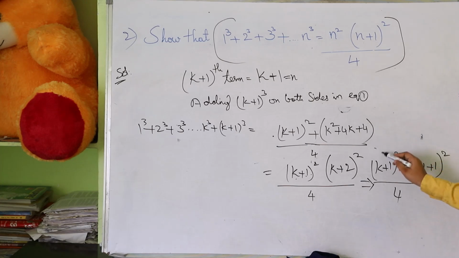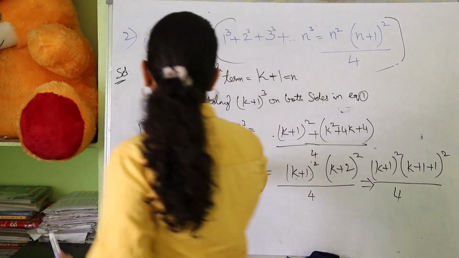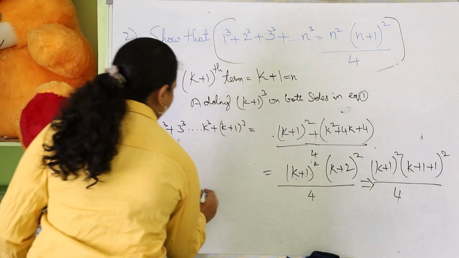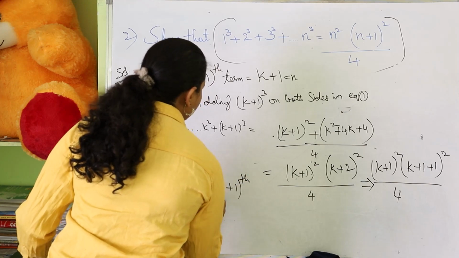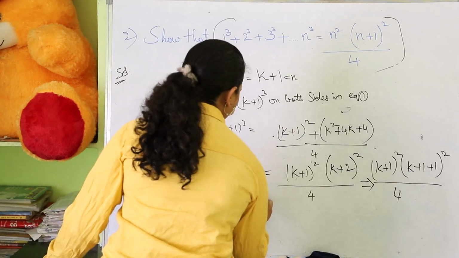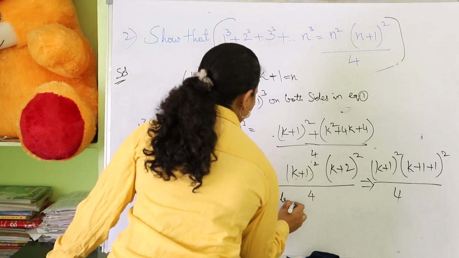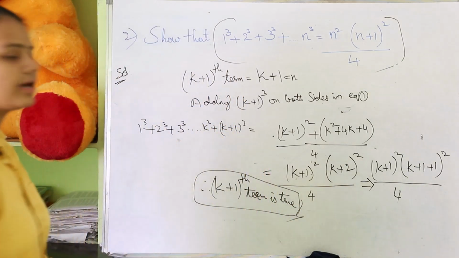So this is in the form where the RHS and LHS are the same. So we got this form, right? Therefore I can say the k plus 1 term is 2. Clear? Are you getting it?